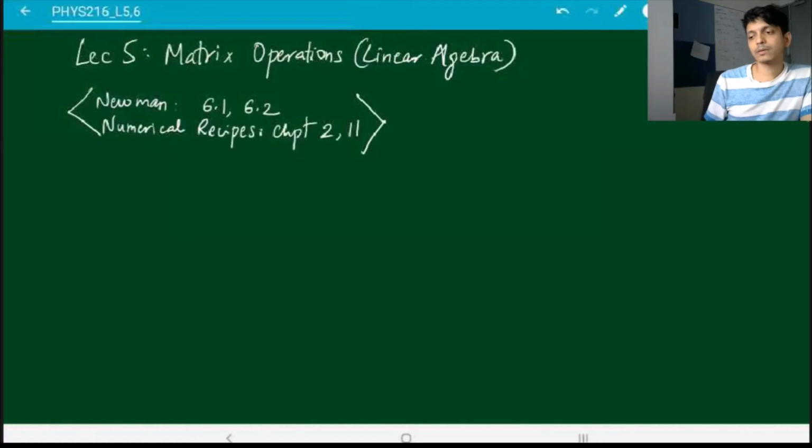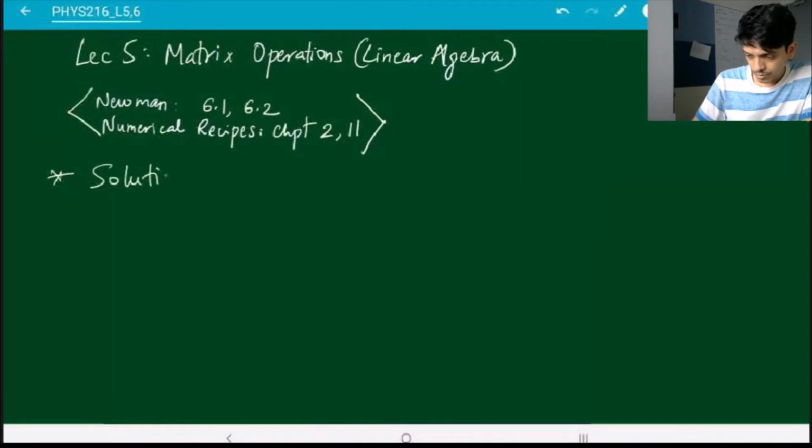So one of the most basic things that one might use matrix methods for is to simply solve equations simultaneously. So if you have two equations and two unknowns, or three equations and three unknowns, and so on, that's when you can use these matrix operations.